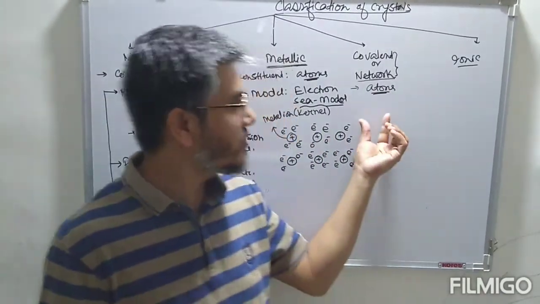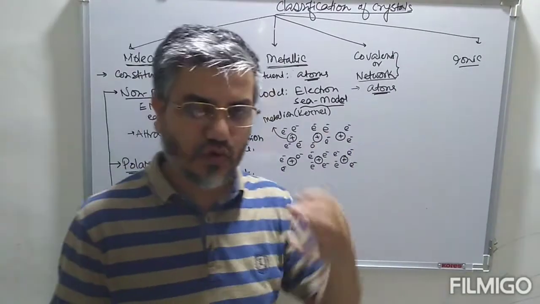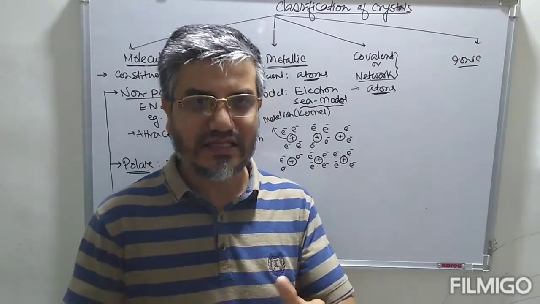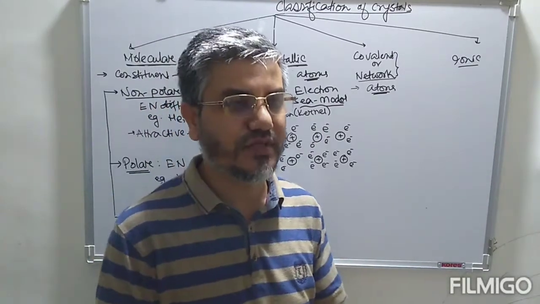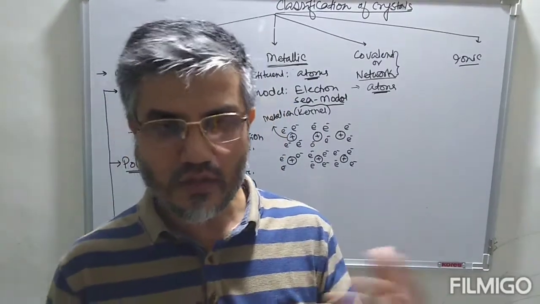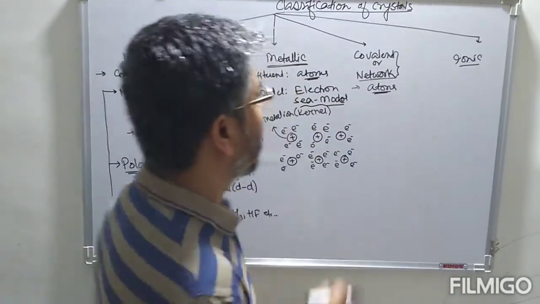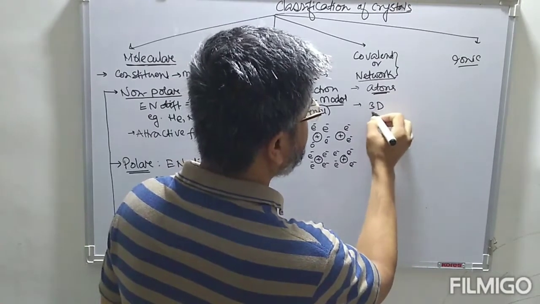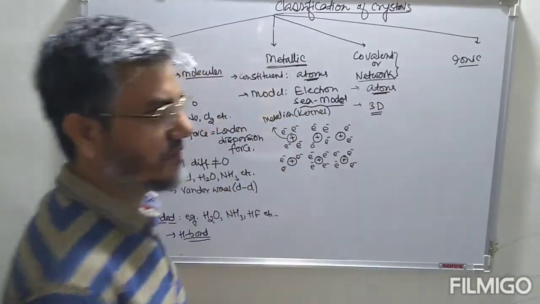So we have atoms bonded through covalent bonds throughout the crystal in a three-dimensional network, resulting in a network molecule. So this is a three-dimensional covalent network.